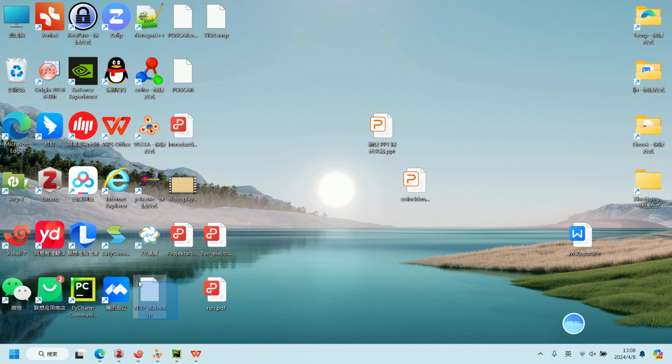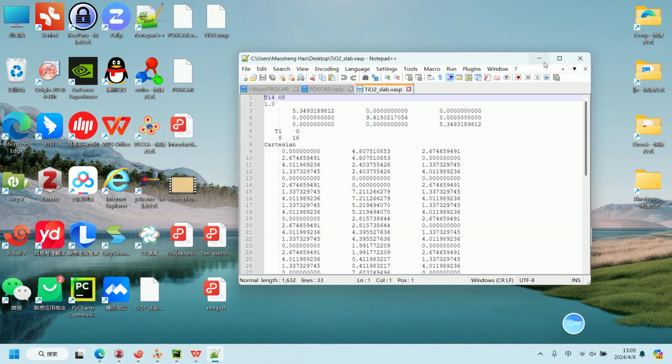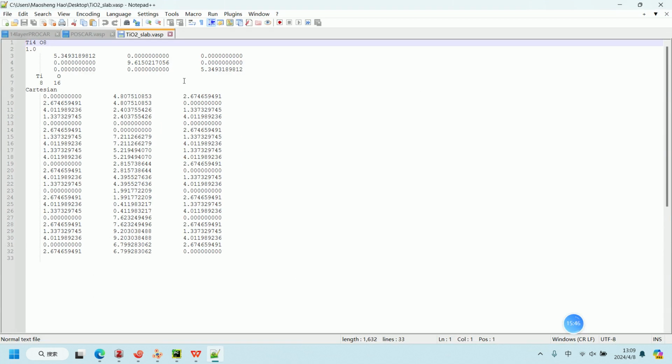So this is the structure we exported. Now we're going to adjust the values in it. We don't need to adjust the values for the positions of atoms. We just need to adjust the value here.